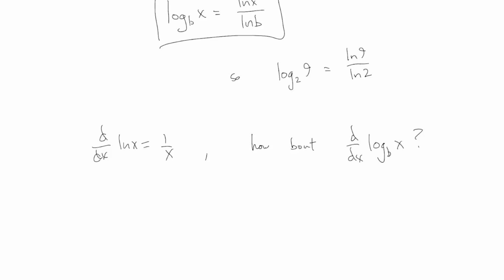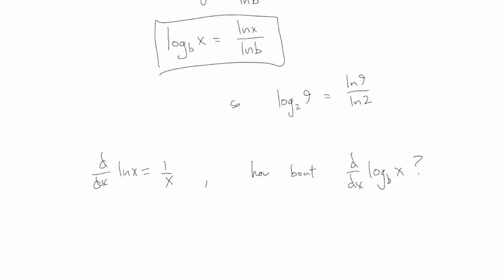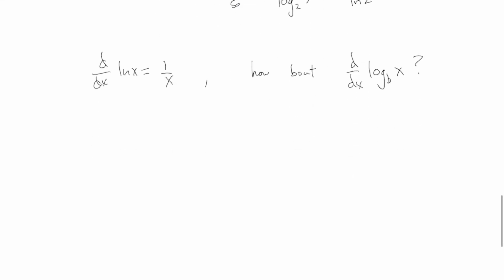We don't have to work hard at this at all. You can just use the change of base formula and then take the derivative of that thing. So by the change of base formula, the derivative of log base b of x is the same as the derivative of ln x divided by ln b, because the log base b of x is the same as ln x over ln b.